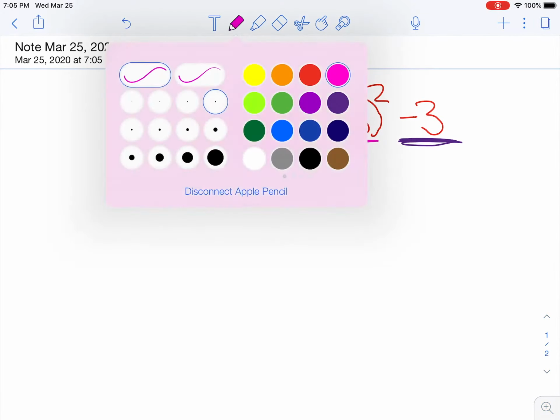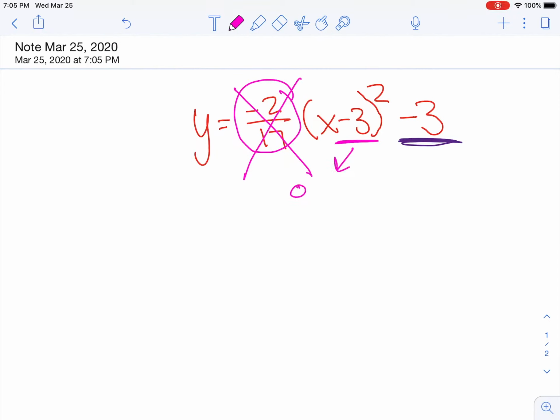So this number is supposed to be my opposite x. So my x is going to equal +3. Not -3, positive, because it needs to be the opposite. My y is going to be the same y.